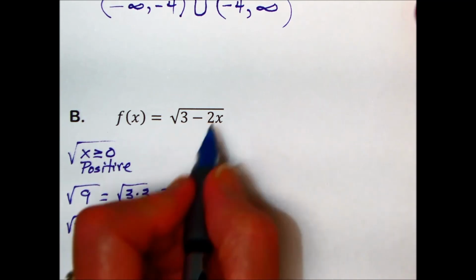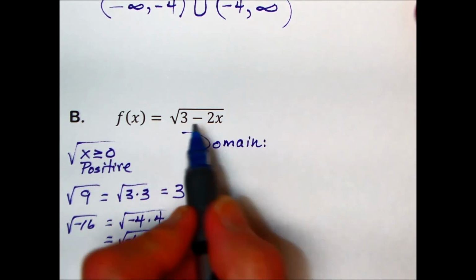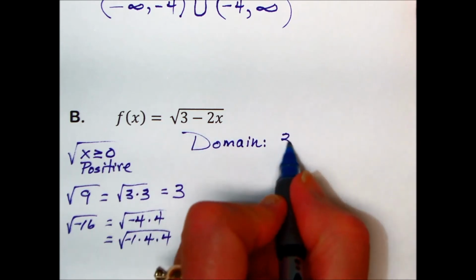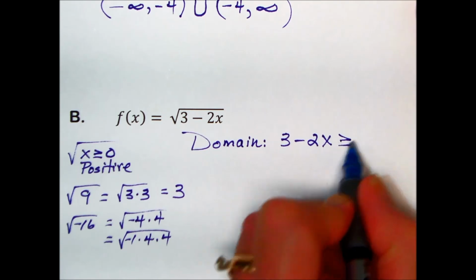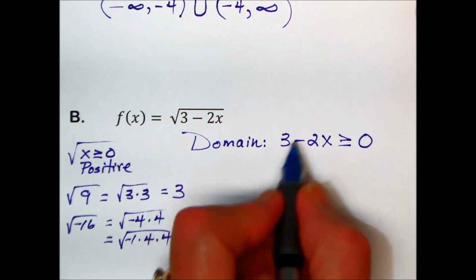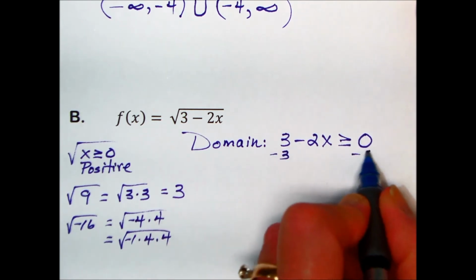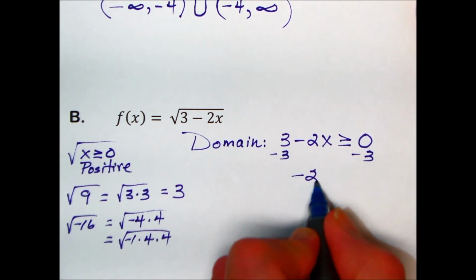And so for our domain, the quantity underneath the radical, which is called the radicand, has to be greater than or equal to 0 since it's located underneath the radical. This domain then is just a matter of simplifying this inequality. So we'll subtract 3 from each side to start with.